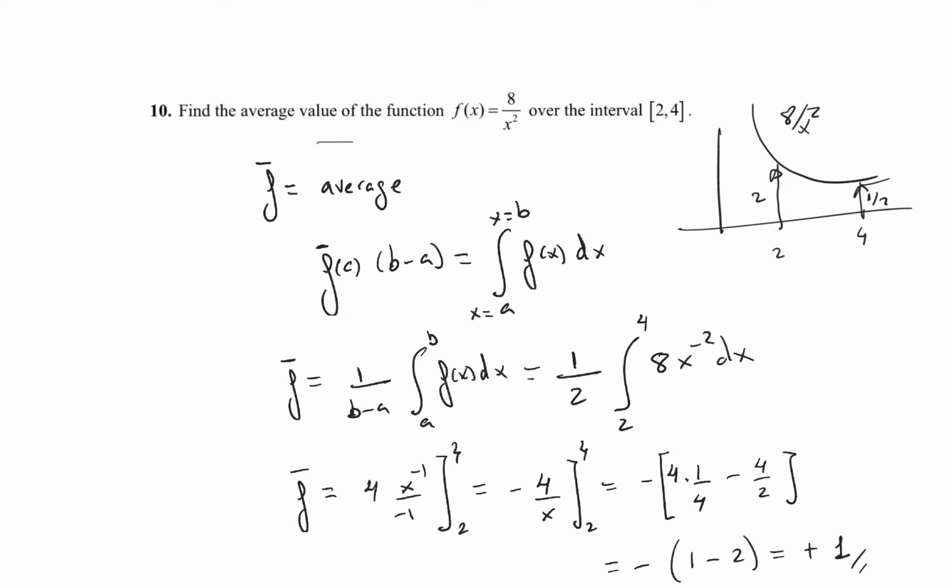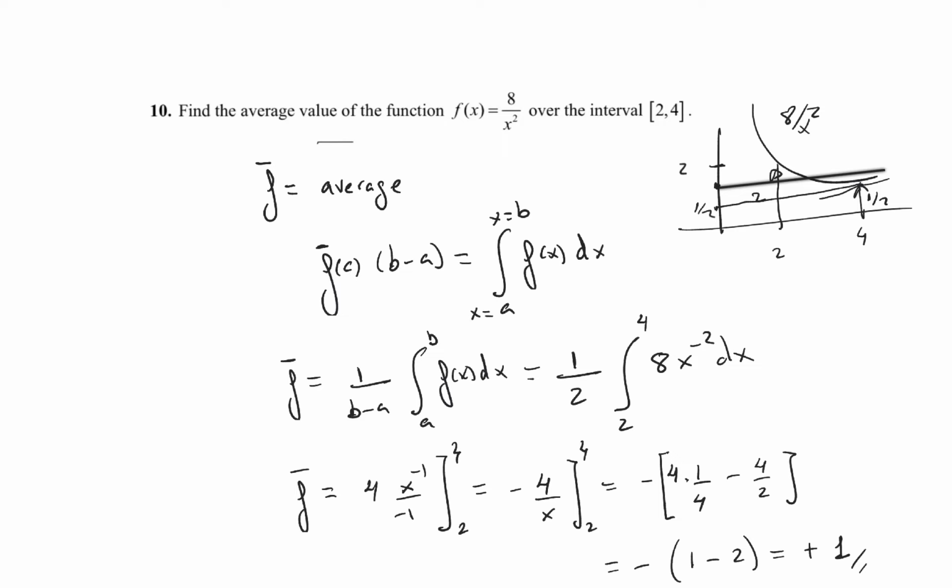So the larger value is here, and the smaller value is here. The average value is somewhere between them. The average value is the value such that, when you calculate the area between 2 and 4, you make a rectangle.